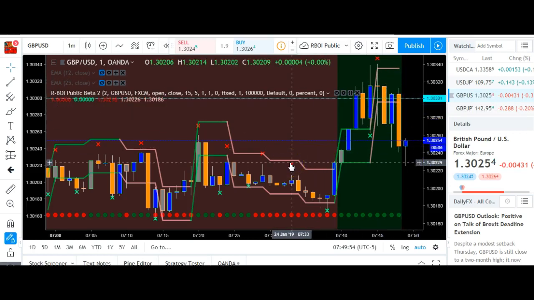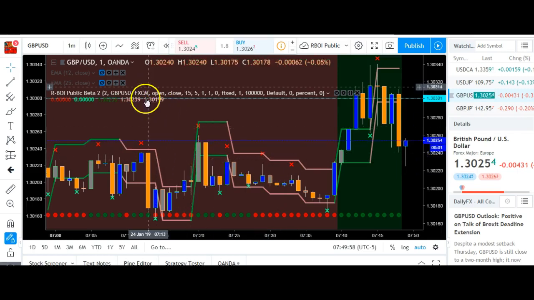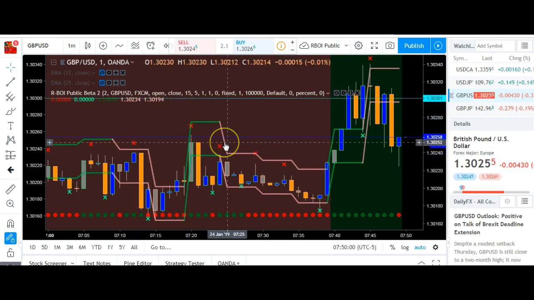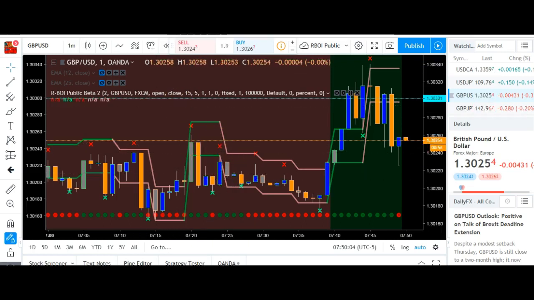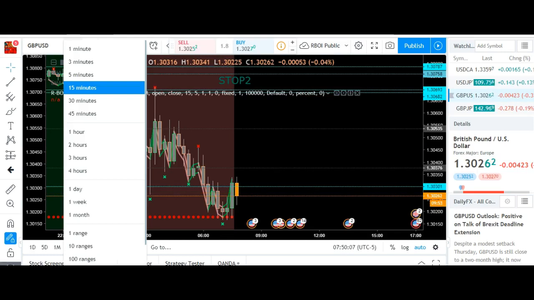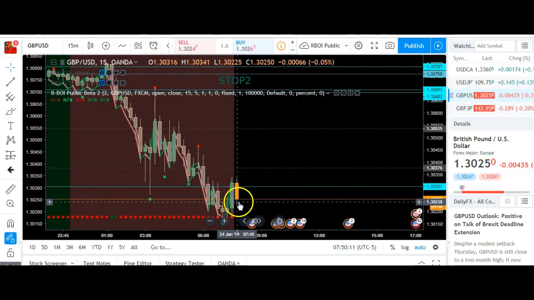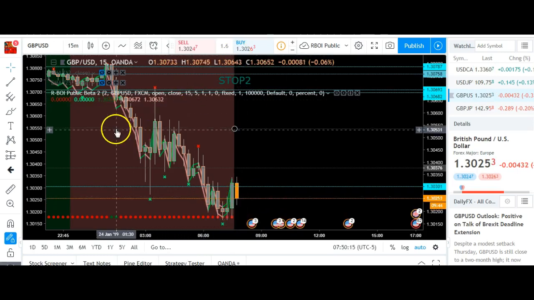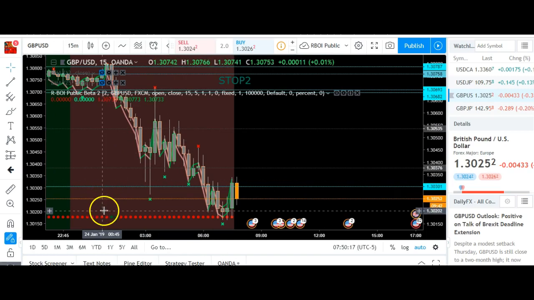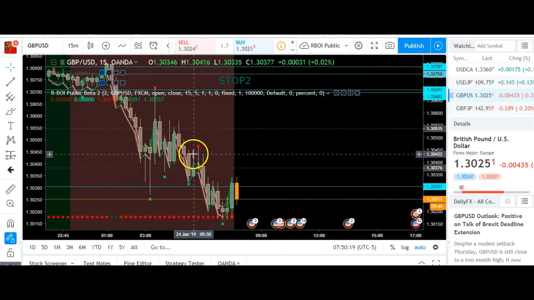Now, the best way to use those lines is when you have an opinion. So if I'm looking at the chart, say on this 15-minute, and I think the market is going to continue down, I would make sure my background shows downward behavior.